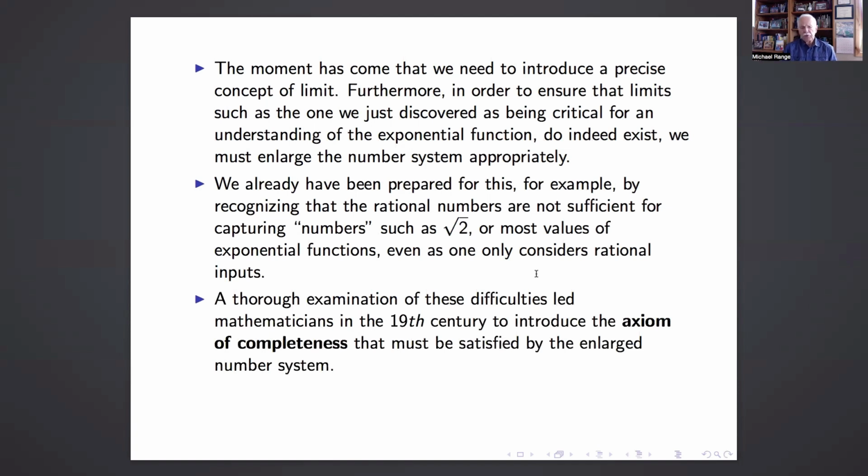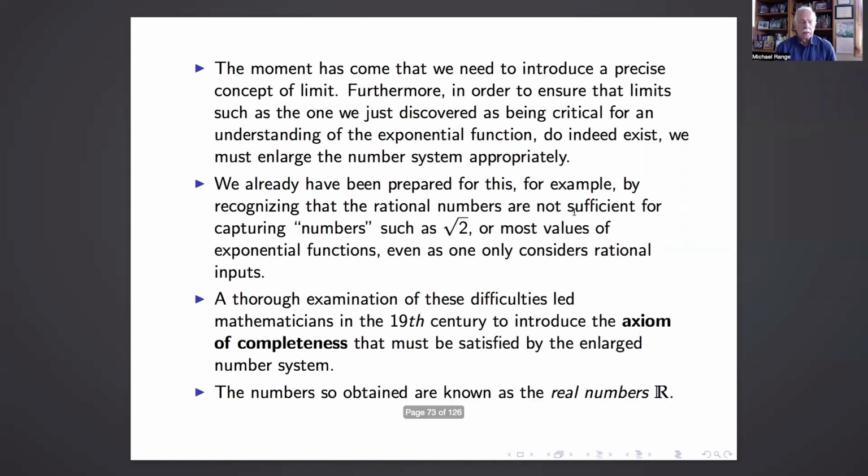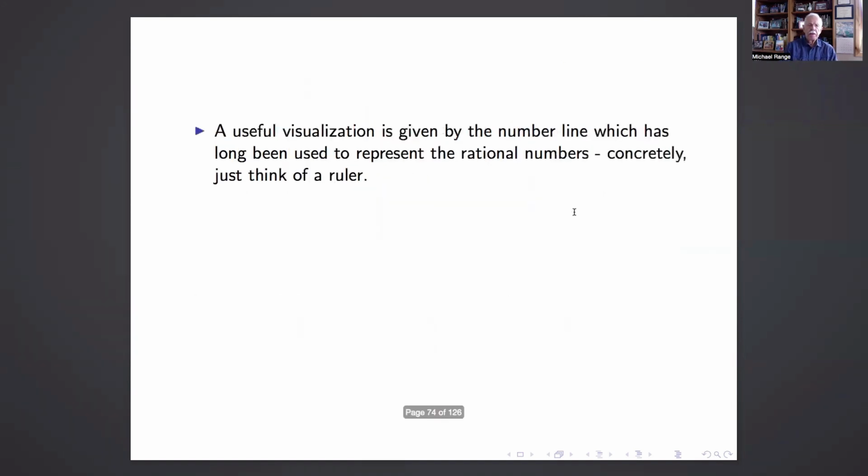A thorough examination of these difficulties led mathematicians in the 19th century to introduce the axiom of completeness that must be satisfied by the enlarged number system. The numbers so obtained are known as the real numbers, and one uses a symbol with a capital R, boldface.